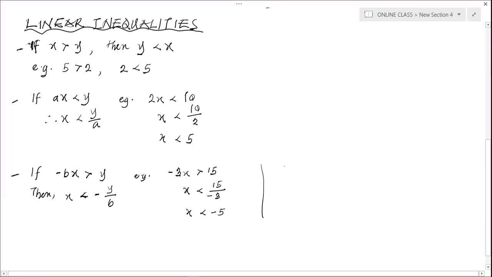Another example: let's say we have minus x is less than 2. x here is greater than minus 2. You are changing the sign immediately. Once the minus sign at this side of x is leaving, it's changing the sign of the other one and changing the inequality sign. Is that okay?